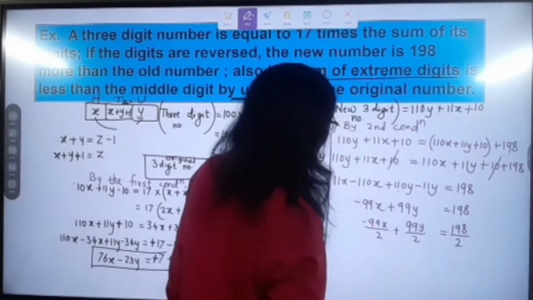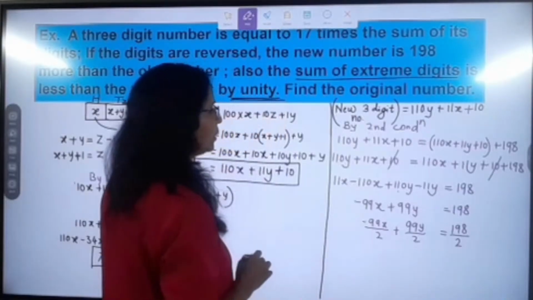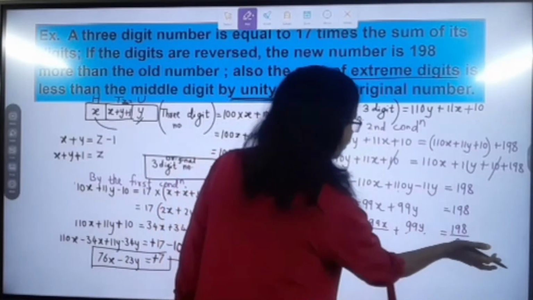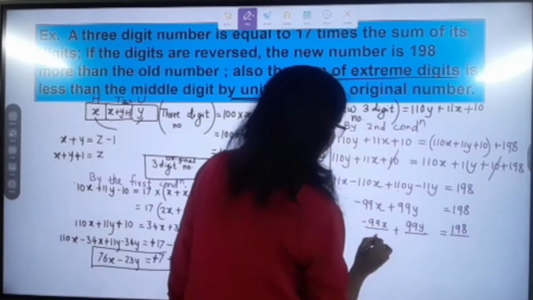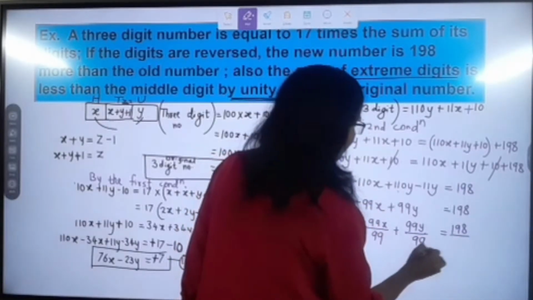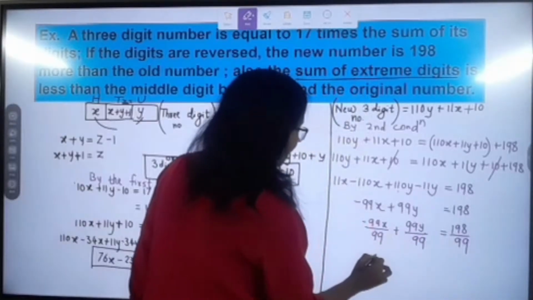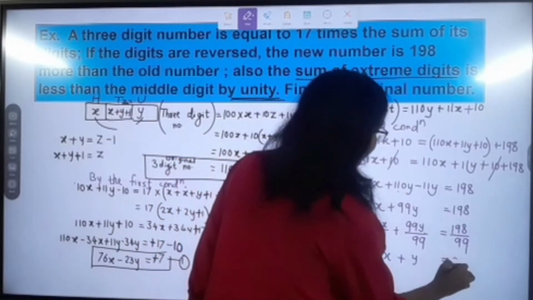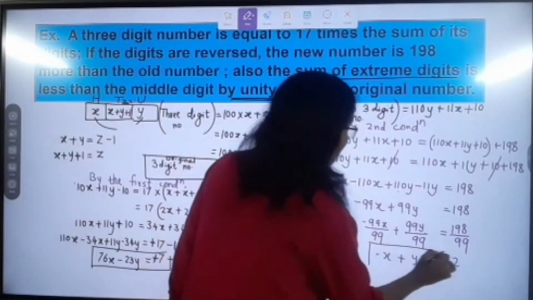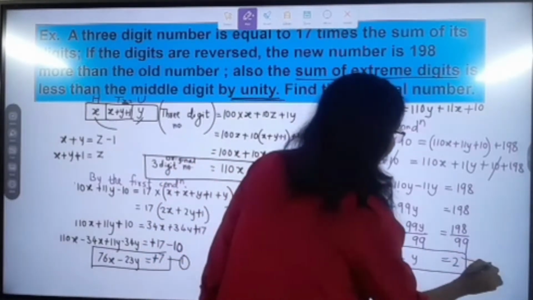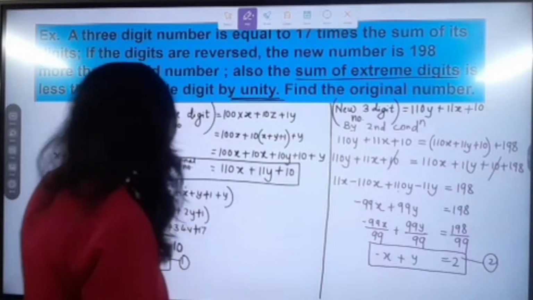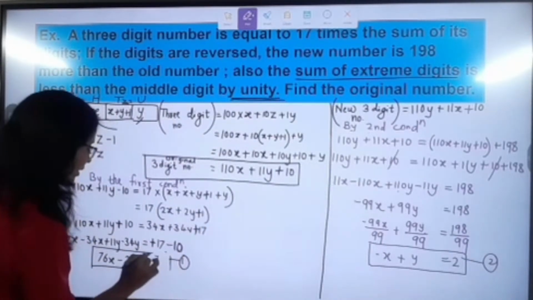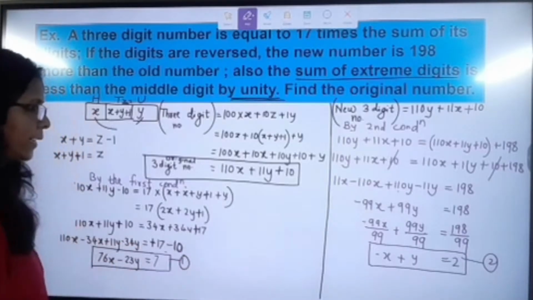Students, 99 ones are 99, and here 99 ones are 99, and here 198 divided by 99 is 2. So this is our second condition, so second equation. This is our first equation, and this is our second equation.